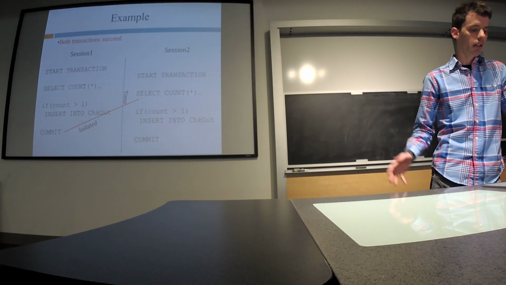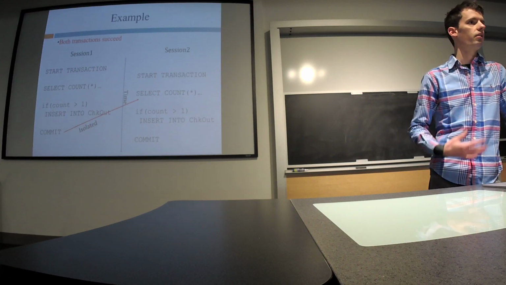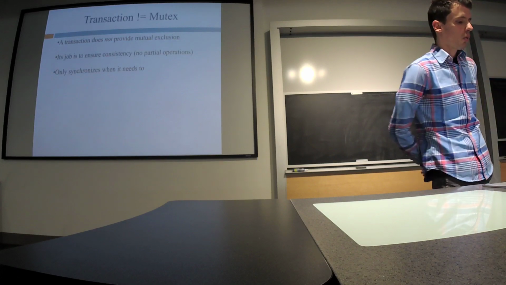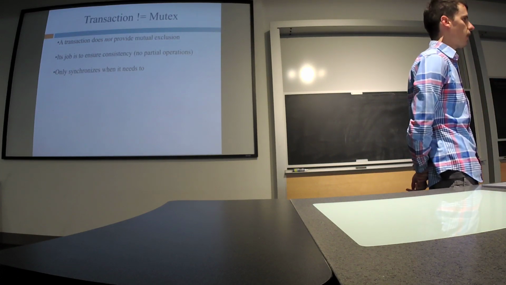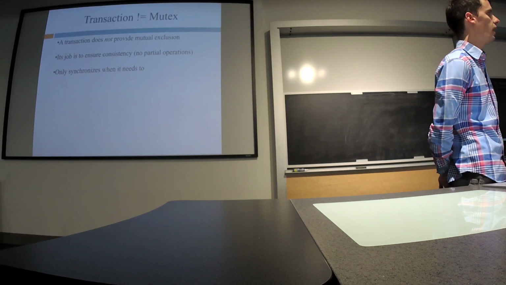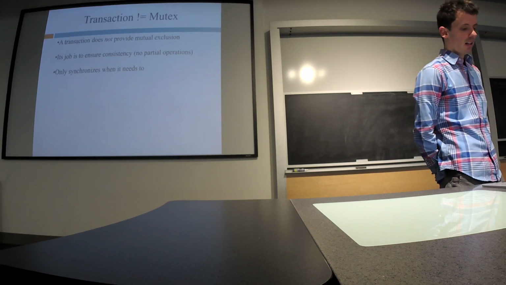Okay, so transaction 1 completely succeeds. Transaction 2 completely succeeds. No problem. So the transaction does not provide mutual exclusion. It does provide some synchronization if needed, but it's not a lock. Don't try to use it like a lock.